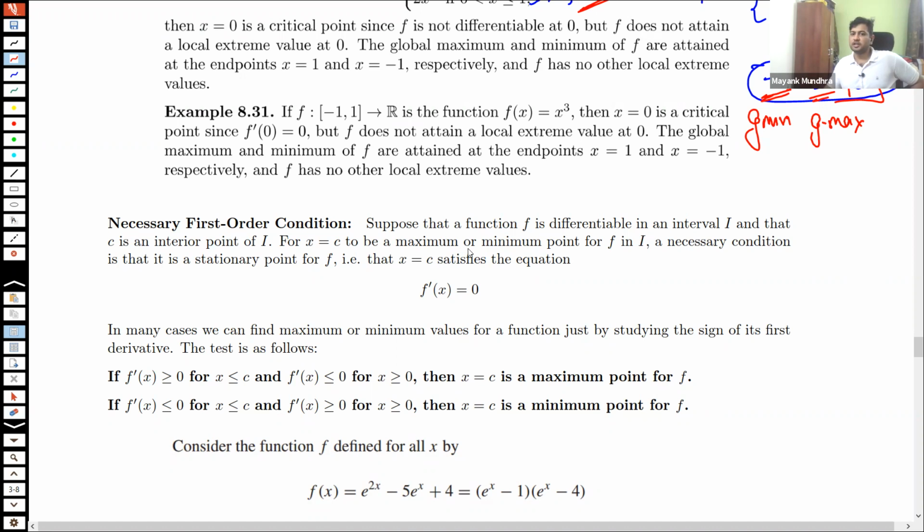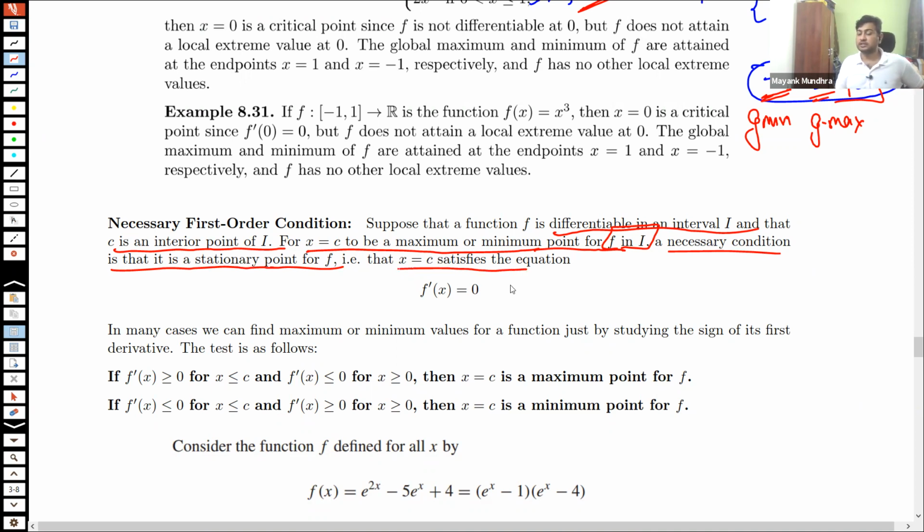The first order necessary condition says that if a function is differentiable in some interval I and c is an interior point, then for x equals c to be a maximum or a minimum point for f in that interval, a necessary condition is that it is a stationary point of f. That is, x equals c satisfies the equation f prime of x equals 0. So at that point, the derivative must be 0.